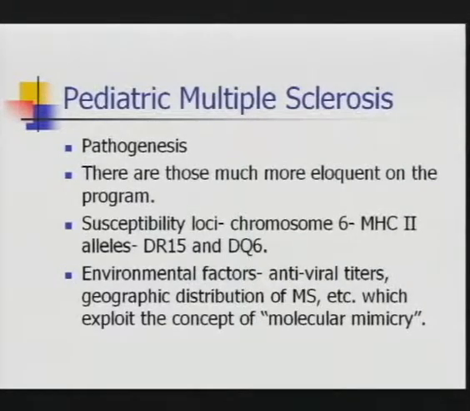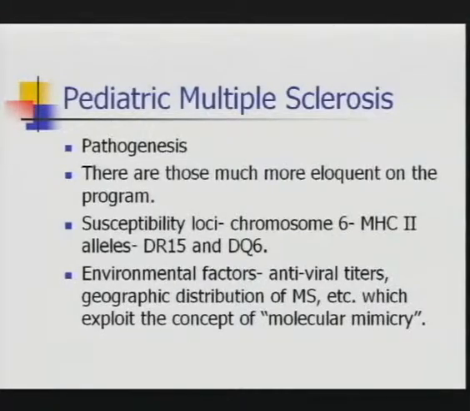So the pathogenesis, I think we've heard about that ad nauseam here so far. The one thing that I did want to point out is that there are some susceptibility loci for demyelinating disease, especially multiple sclerosis.